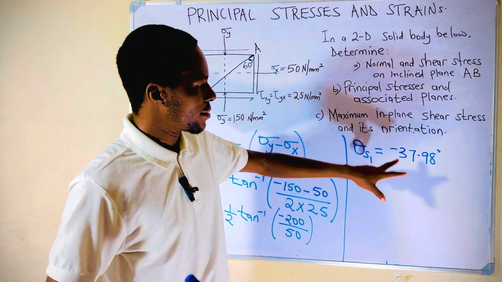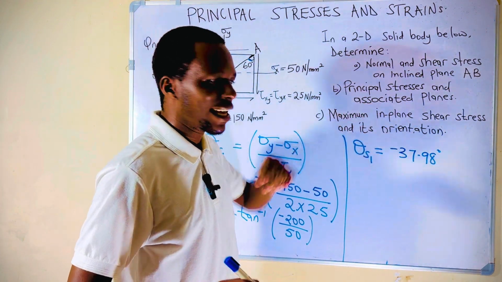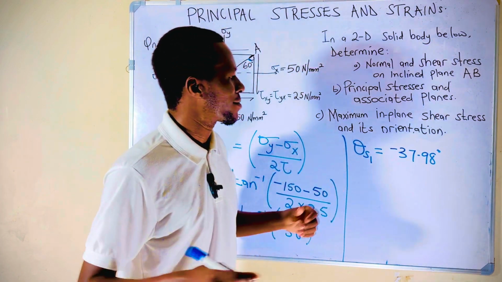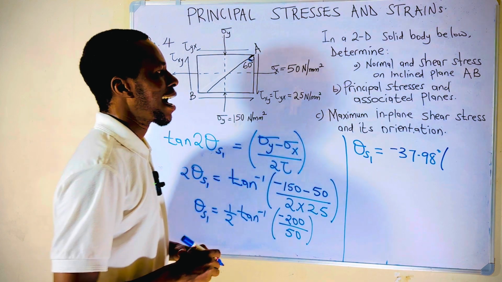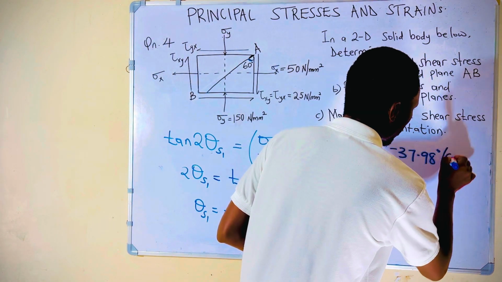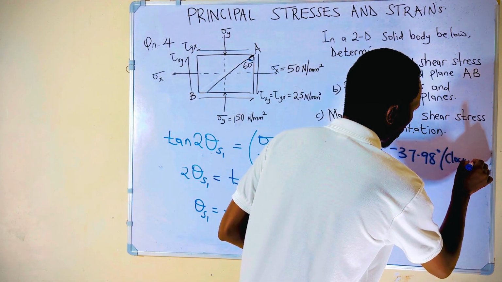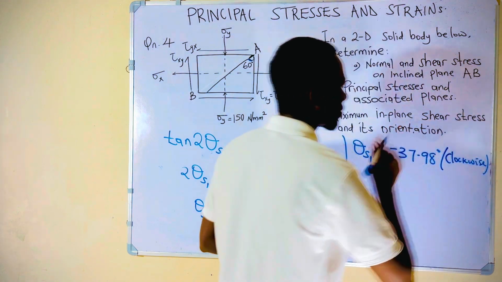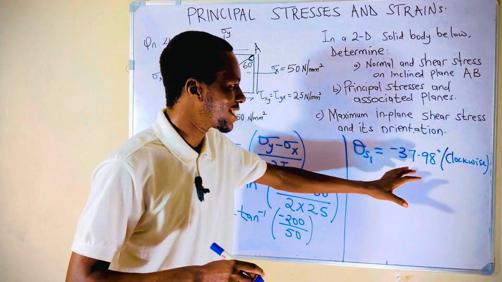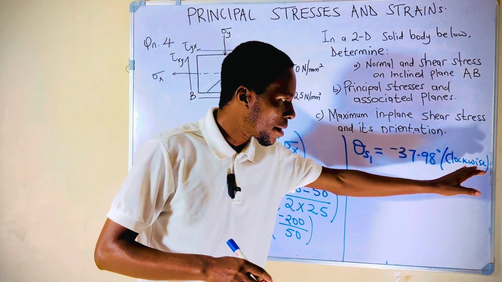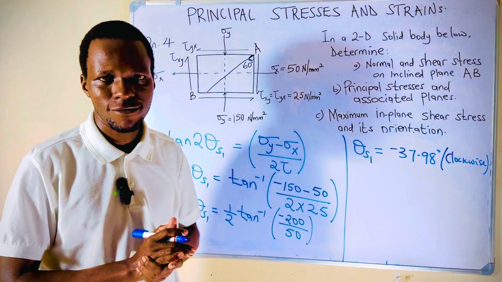Now the thing is, if it is negative, what does it mean? This simply means that this is acting in a clockwise direction. Clockwise. Okay? Yes, so you need to take note of that. So you can just erase this negative and write a positive answer, but you put it as clockwise.